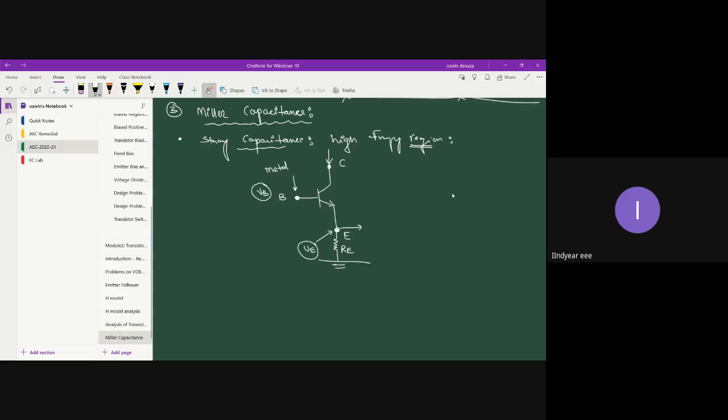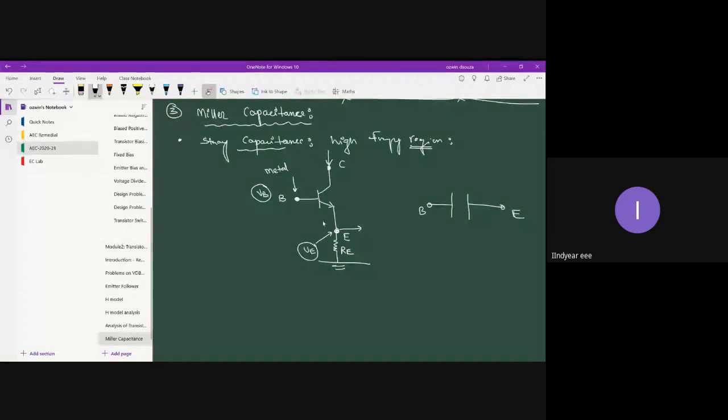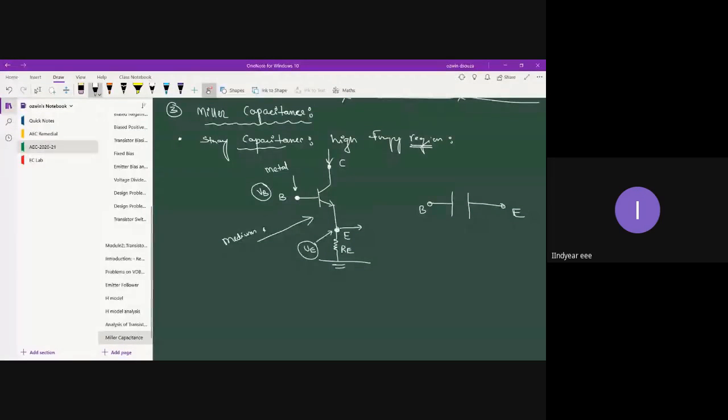So I will try to show you the equivalent circuit. This is your base terminal and this is your emitter terminal. Between base and emitter, the medium is air. So between the two metal electrodes you have air, and air is a dielectric, an insulating medium.